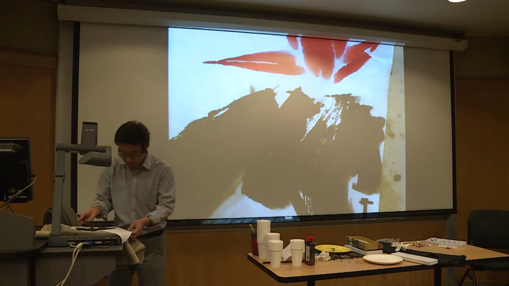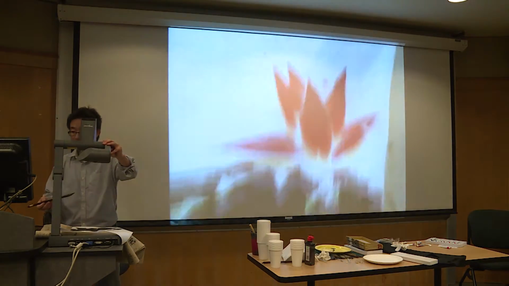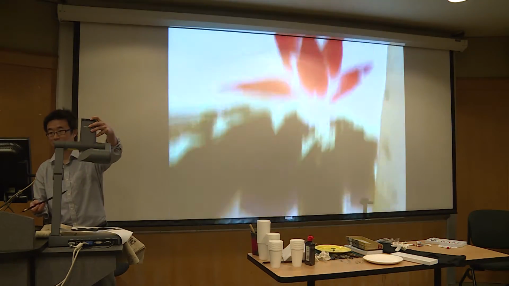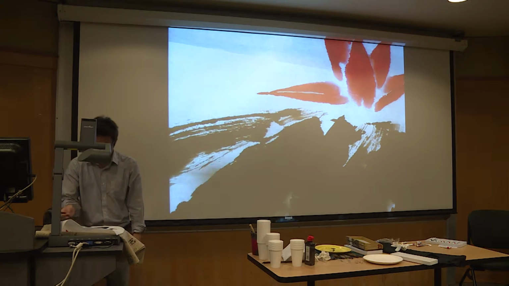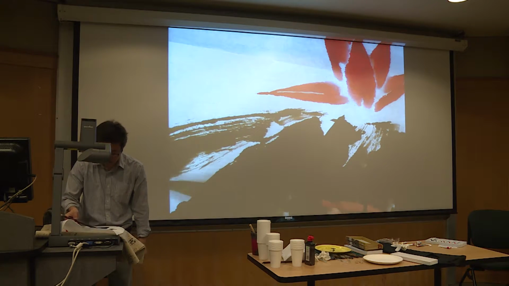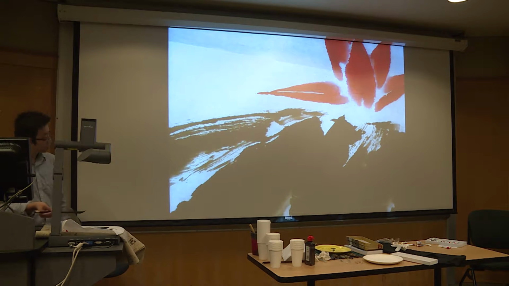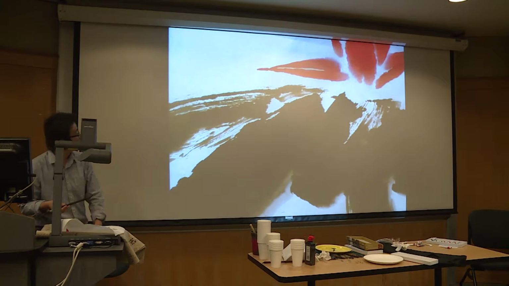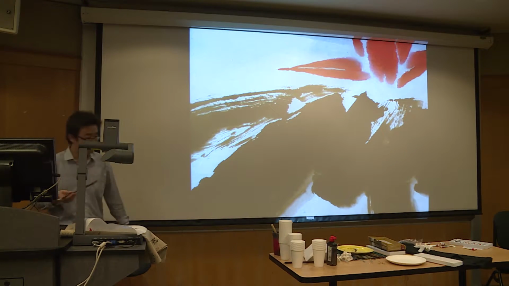You see this piece is very dark, but as I paint, adding water and going back, this part is lighter. That creates some contrast. Maybe the effect is not very strong on the screen.